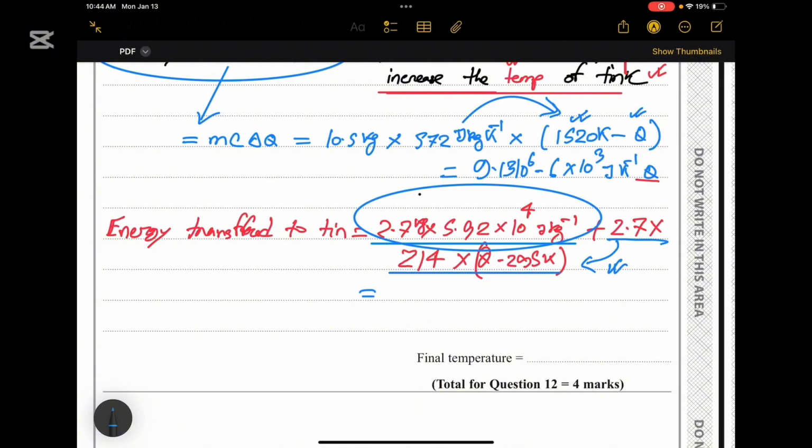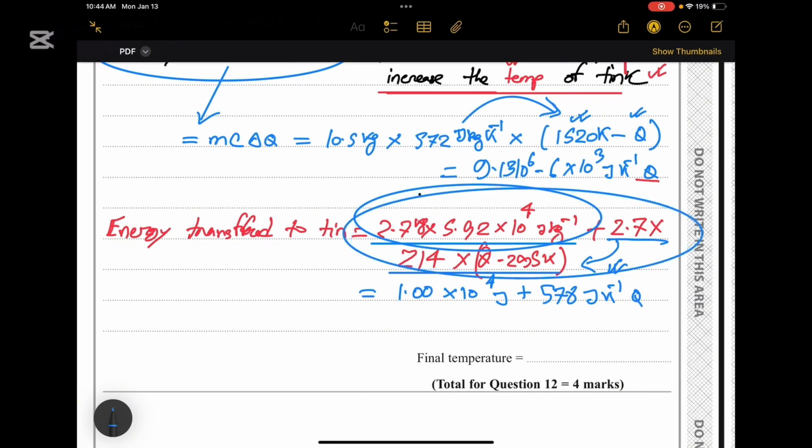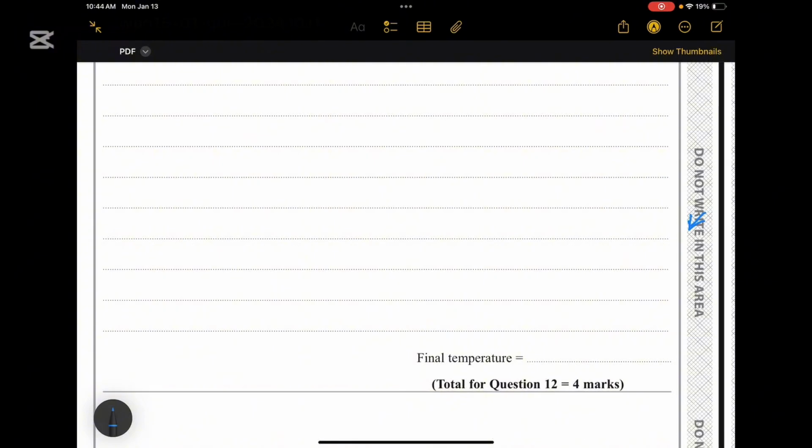After doing the whole thing together, we get 1.00 into 10 to the power 4 joule plus 578 joule per Kelvin theta. This is the value that we get after adding these two values.